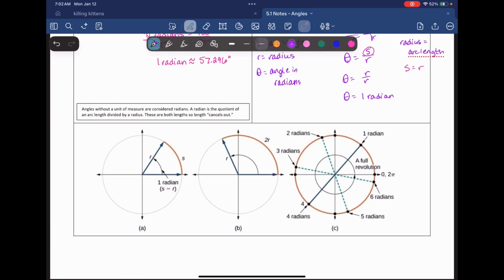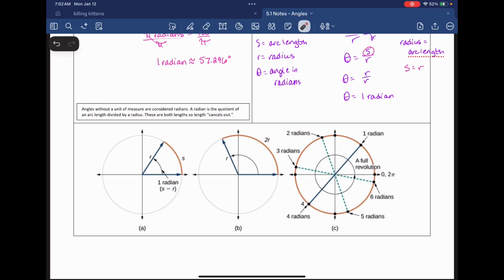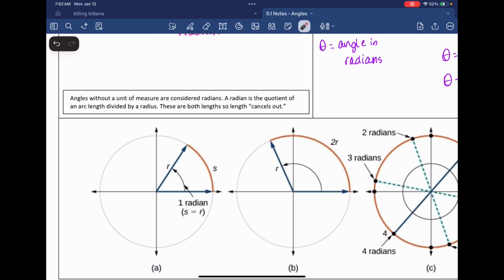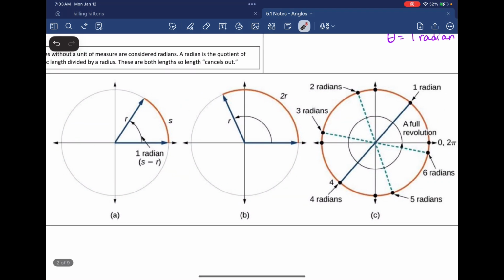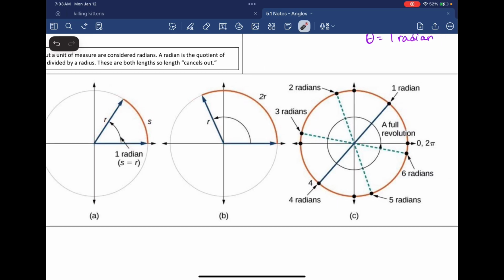A note here: we have angles in degrees and we have angles in radians. If you see an angle that's listed without a unit of measure, they are radians. So 1 radian, then we have 2, and then we have 3.